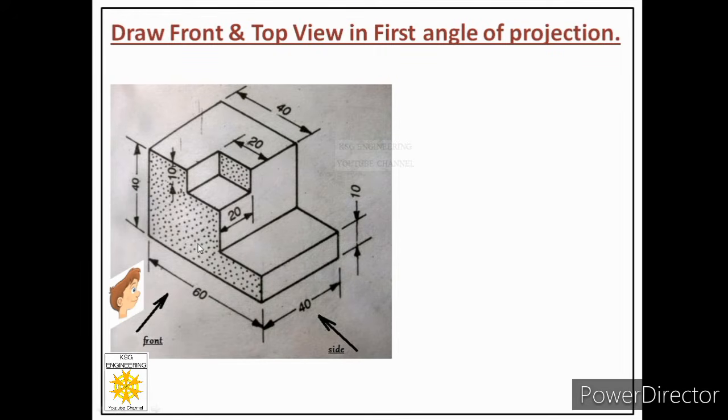So we have to search for those faces which are either parallel to VP or inclined to VP in this particular object, because the observer can see only those two kinds of faces. The faces which are perpendicular to the plane of projection will not be visible to the observer.